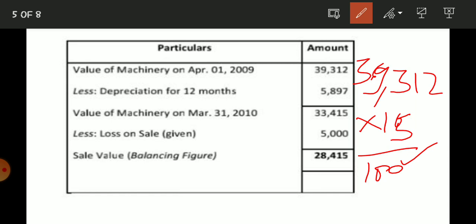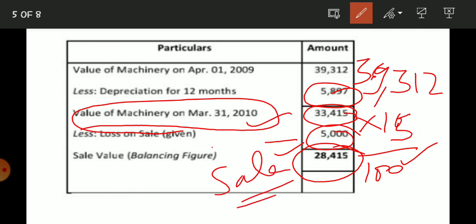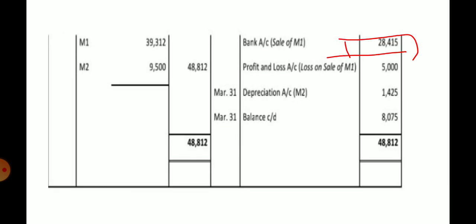So 12-month depreciation will be this. Machinery is sold on that day and the value of machinery is this, the loss value is given in the question, you have to deduct this, and the remaining balance will be sale value. Okay, sales value is 28,415, right? So this will be written here.